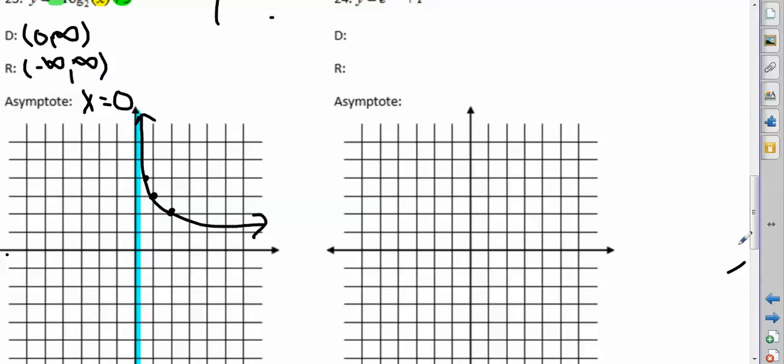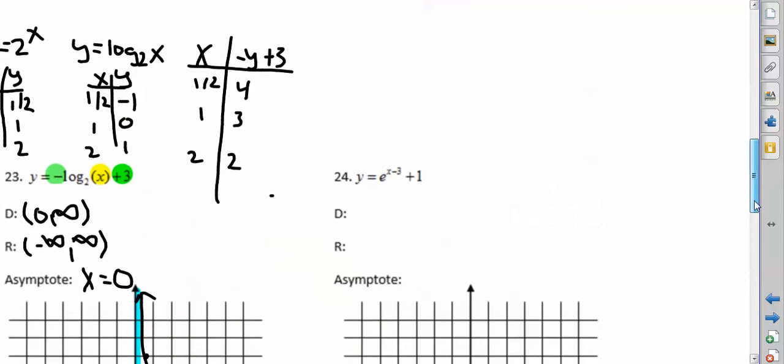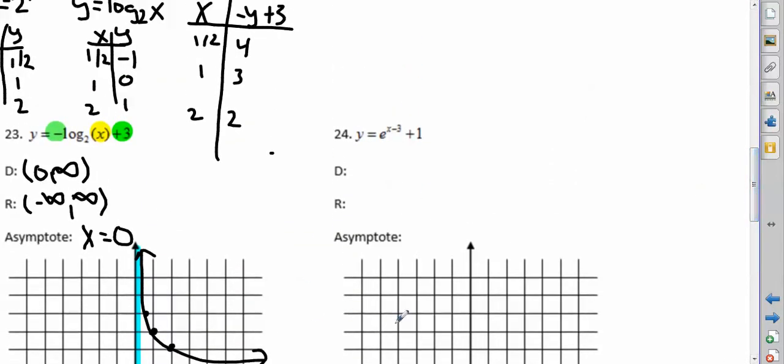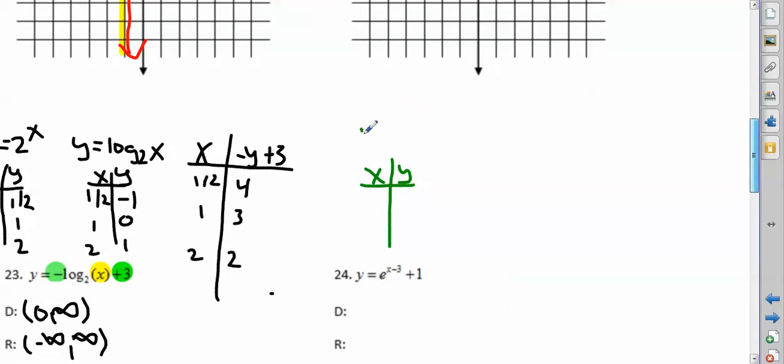Okay, last question on page number 3. So the next one is going to be graphing y equals e to the x minus 3 plus 1. So first I'm going to make a table of values for my parent function, which is y equals e to the x. Now what does e equal?